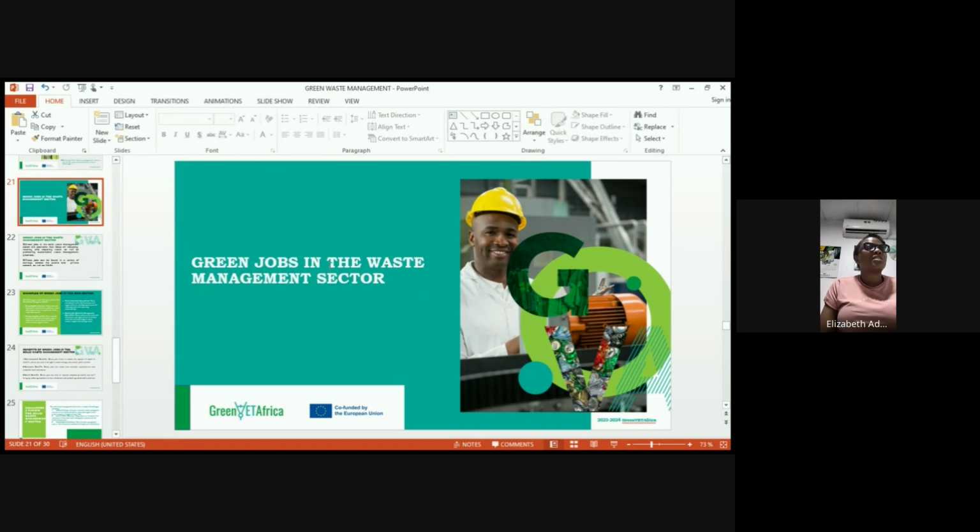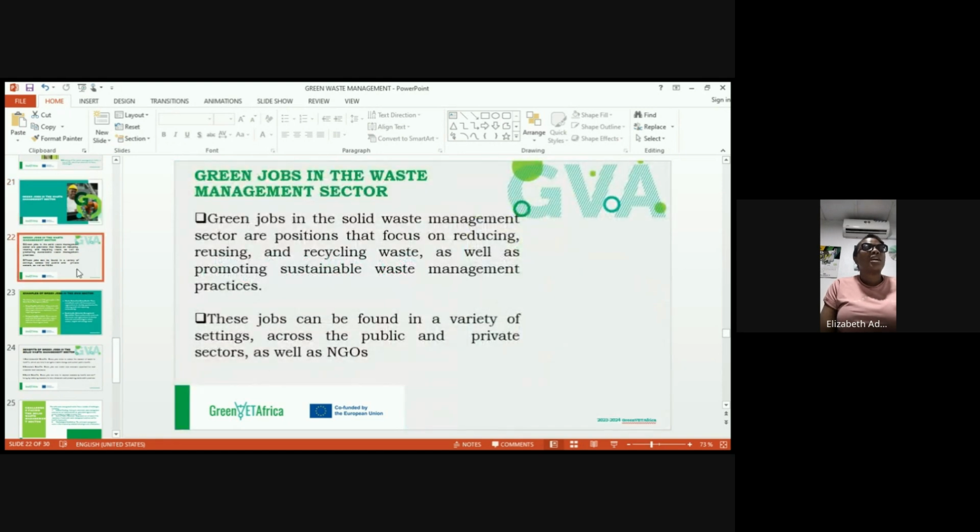Okay, let's look at some green jobs in the waste management sector. Like I said, these are positions that focus on reducing, reuse, and recycling waste, as well as promoting sustainable waste management practices. So basically, this is what we are looking at when we talk about greening the waste management industry.